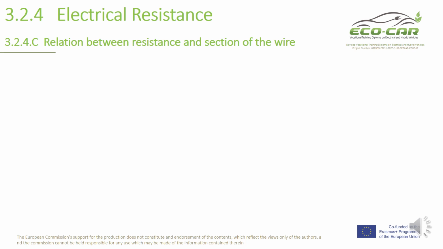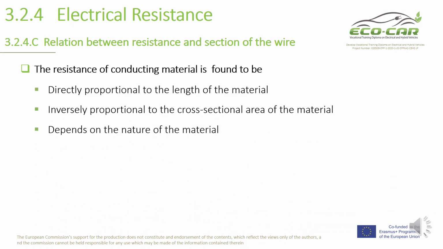Relation between resistance and the section of the wire. The resistance of a conducting material is found to be directly proportional to the length of the material, inversely proportional to the cross-sectional area of the material, and depends on the nature of the material.